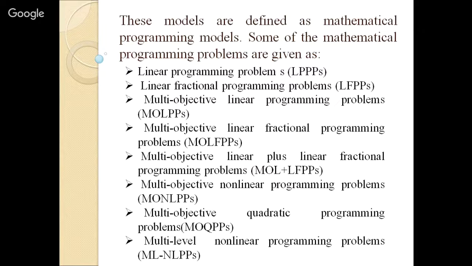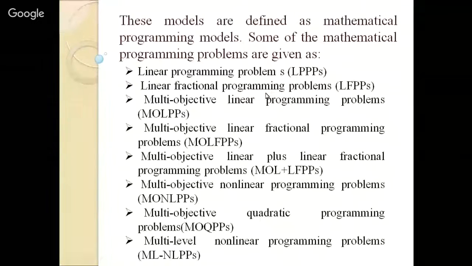Then we come to the multi-objective. The first and simplest form of problem is the linear programming problem. So starting day we discussed LPP, how we formulate it, how we solve it by graphical method. Then it is the linear fractional programming problem. It means either your objective function or any of the constraints is in fractional form.